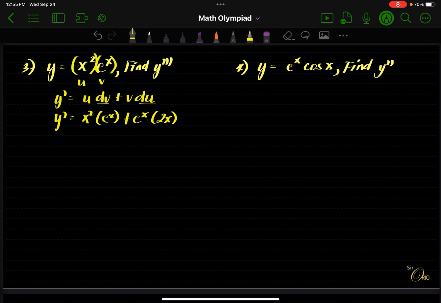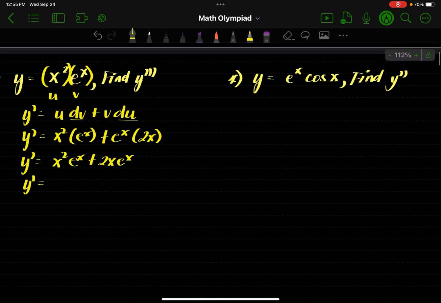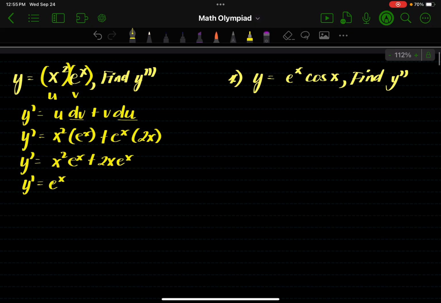Then let's simplify. So the first derivative is x squared times e raised to x plus 2x e raised to x. We can factor out e raised to x, the common factor. So y prime is e raised to x times x squared plus 2x.